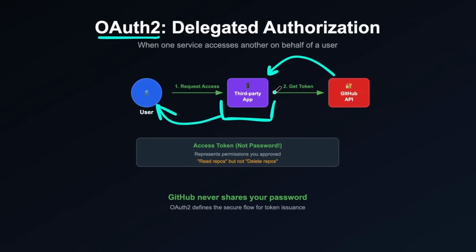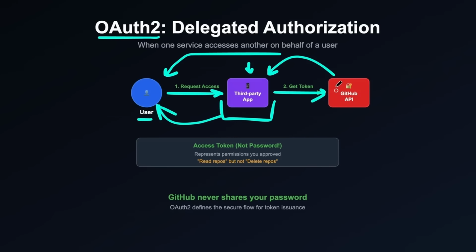Instead, GitHub gives them the token that represents the permissions which you approved to use. So you as a user send a request with the third-party app to request access to your repositories. And then GitHub gives you the access token, which you should create. So you should also provide what resources, what repositories this third-party app can access, and also what they can do. Can they create, read, update, or can they delete, or whatever the permissions you set.